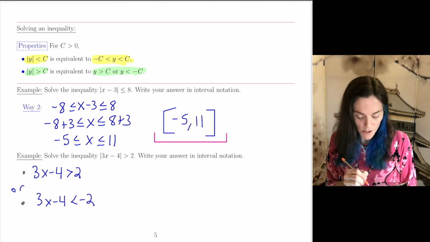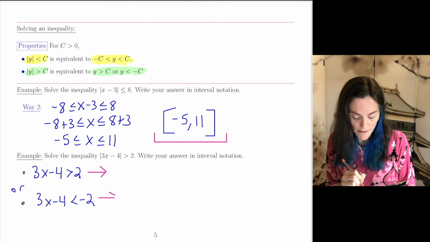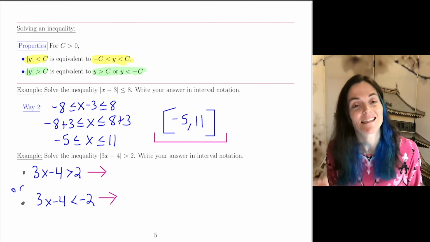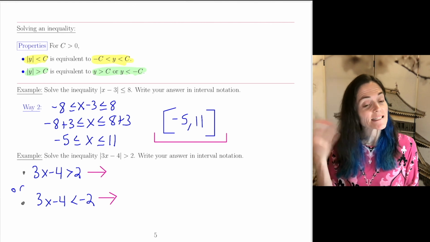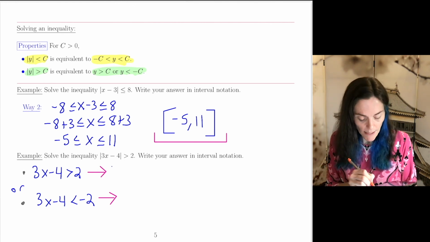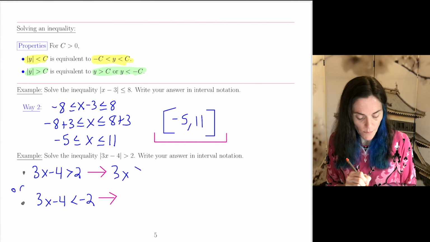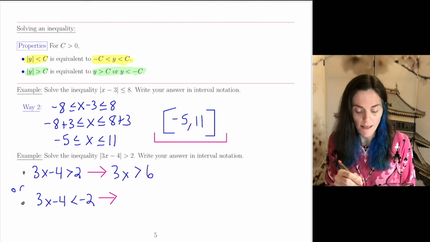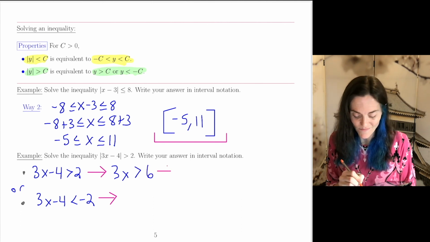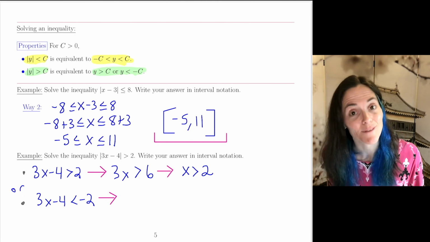And now we just want to move forward with each one of these and say something about x. If we just add 4 to both sides, we get 3x is bigger than 6. And now divide by 3. We have x is greater than 2.